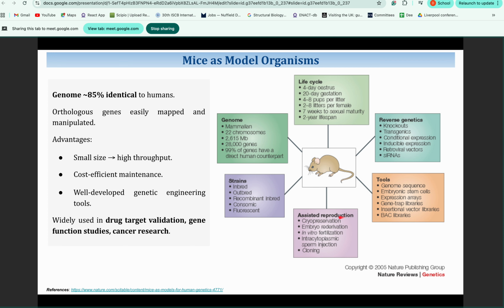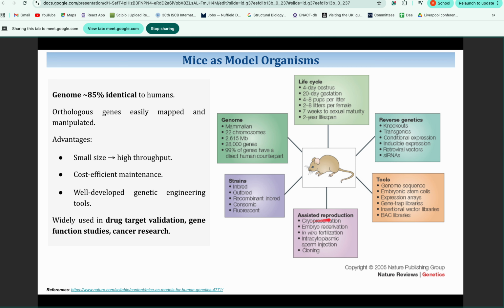Assisted reproduction: we can also go for cryopreservation, in which we preserve their embryos at low temperature, in a cool environment. Then embryo rederivation, where we obtain those embryos after cryopreservation. In vitro fertilization can be achieved, intracytoplasmic sperm injections can be done for artificial fertilization, and cloning can also be done.